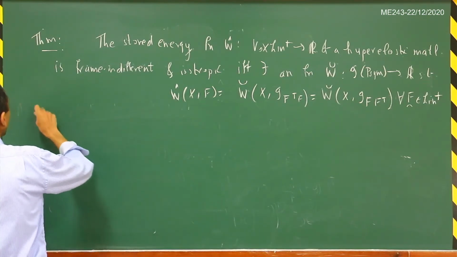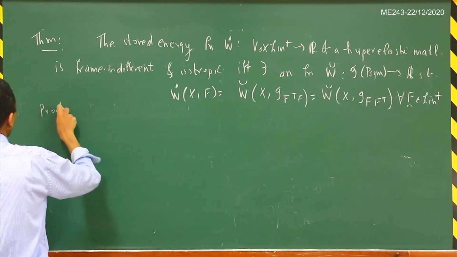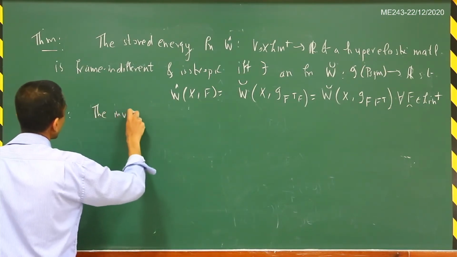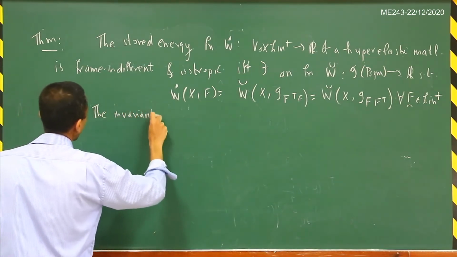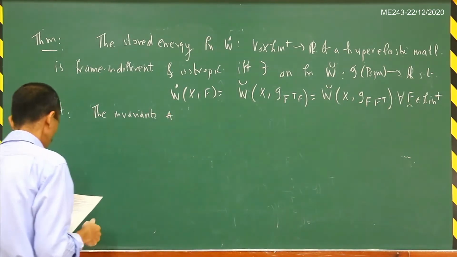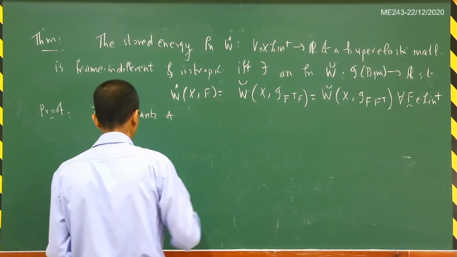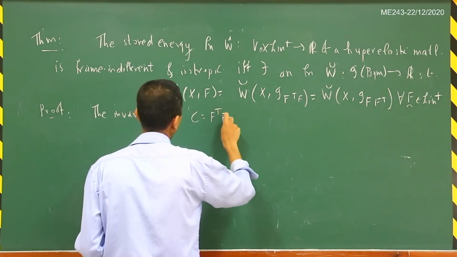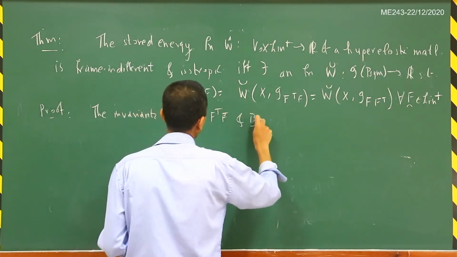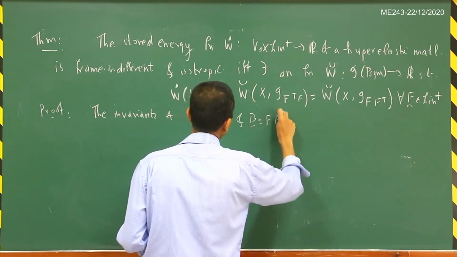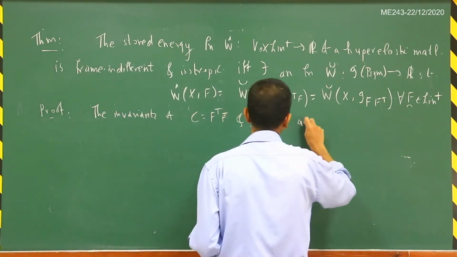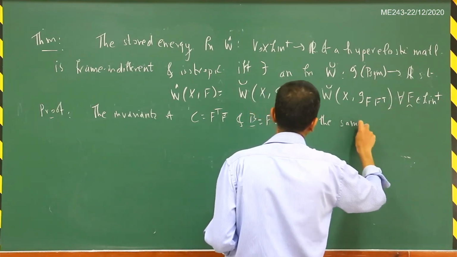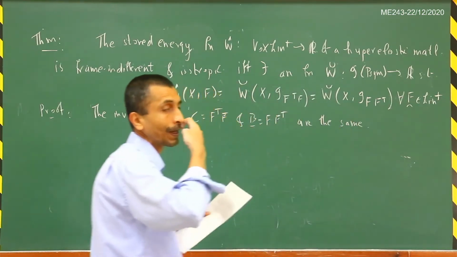First thing in the proof is that the invariants of C equal to F transpose F and B equal to F F transpose are the same, because we have seen that they are orthogonally equivalent, correct?